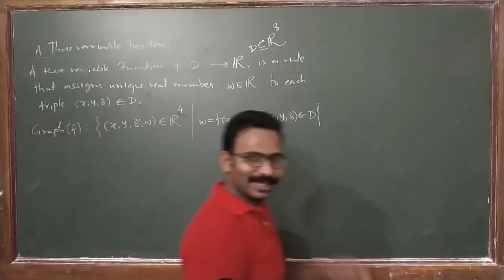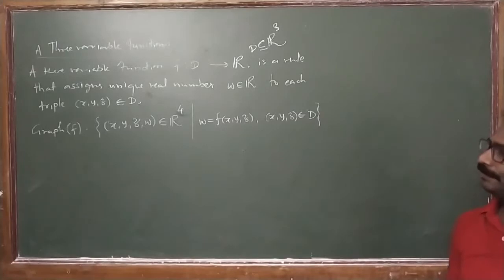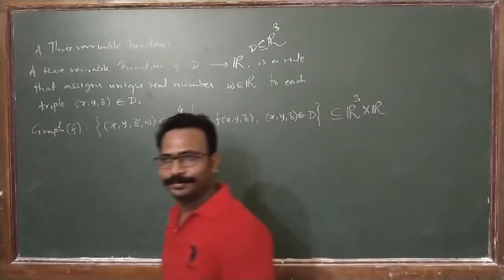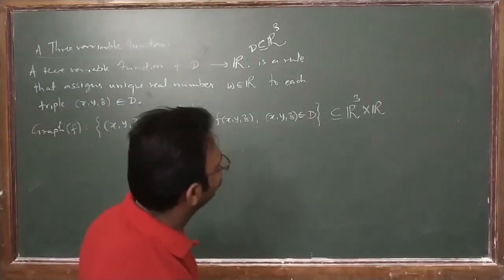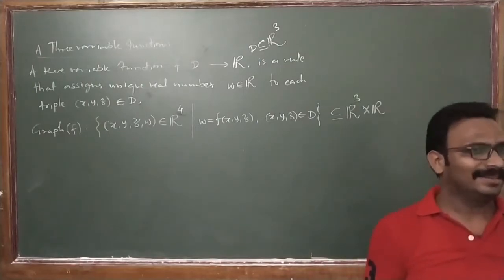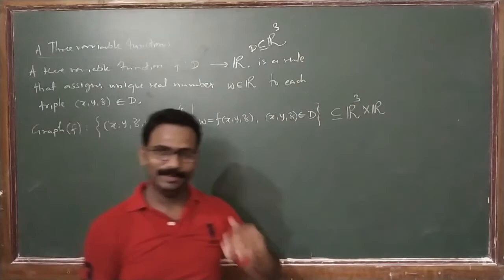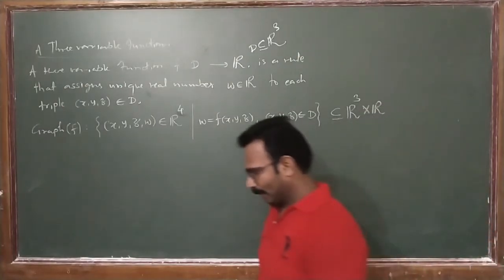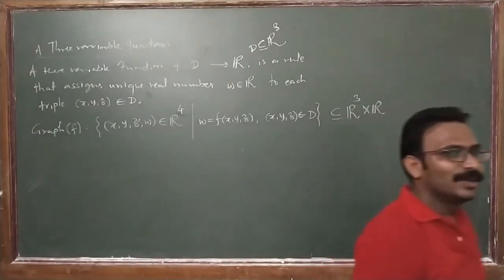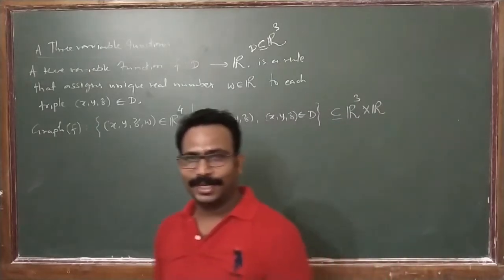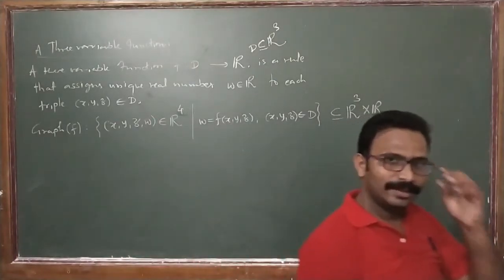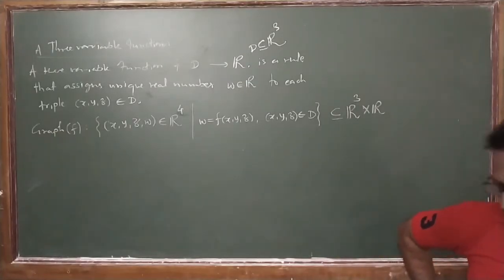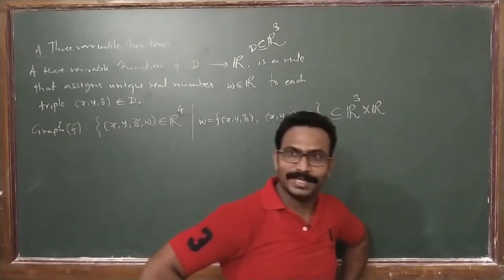Now it is very difficult for us to draw a graph of this function in R4, as this graph will be a subset of R3 cross R. If the domain is R3 and we apply the same concept as that of the level curve of a two variable function to a three variable function, then in the domain the set of points which will be at height f of x, y, z equal to k, those are lifted to height k.